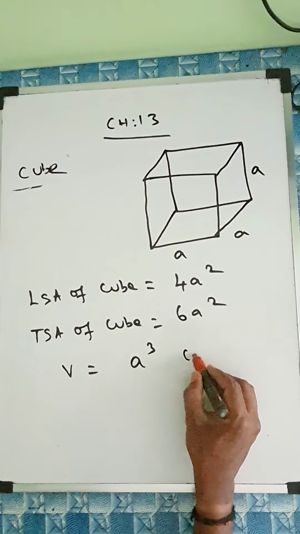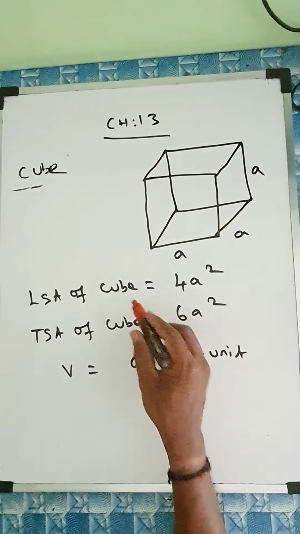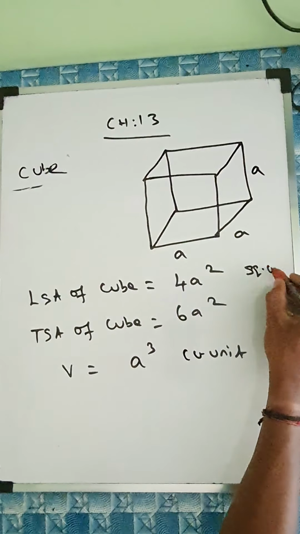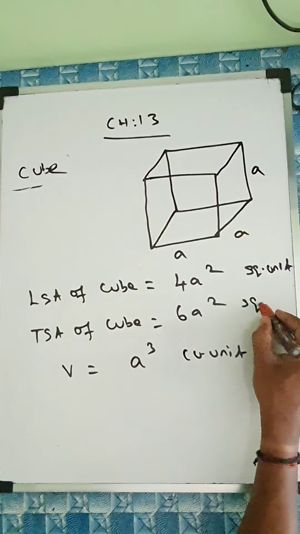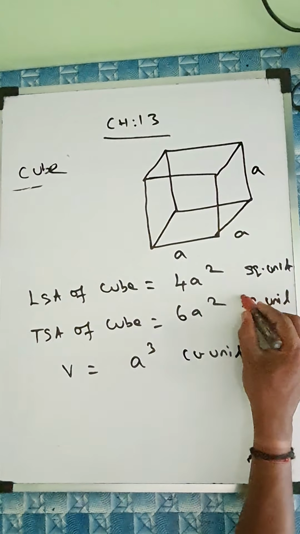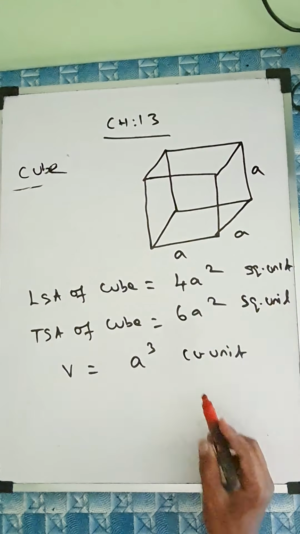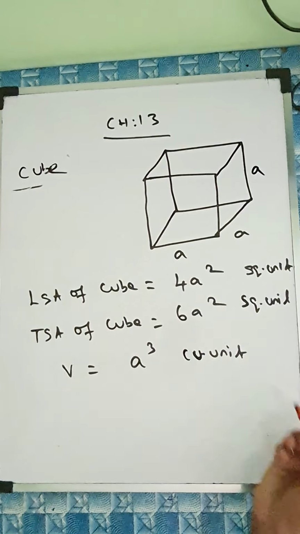Cubic unit, and the areas are square unit. I'm writing square unit, and for volume, cubic unit.